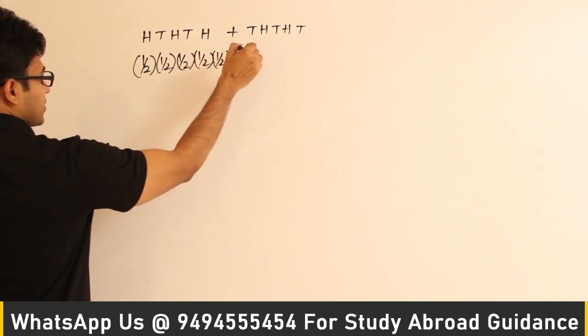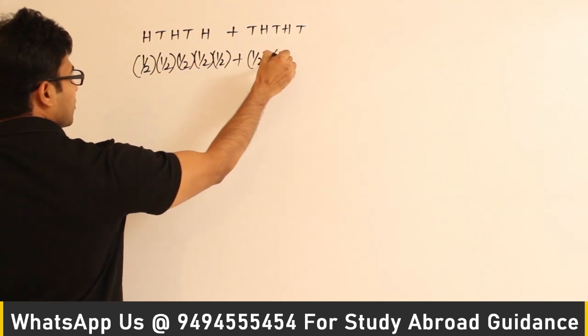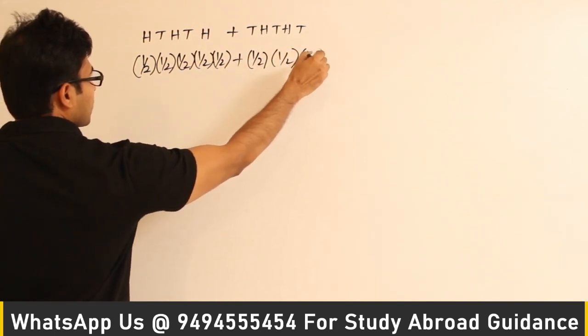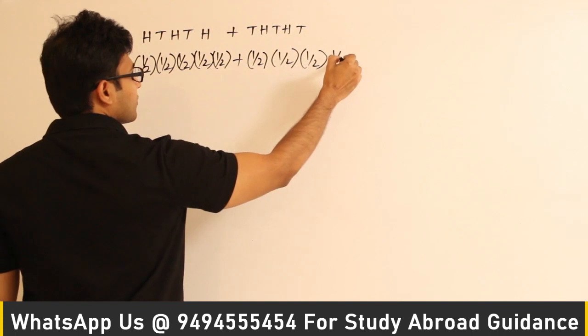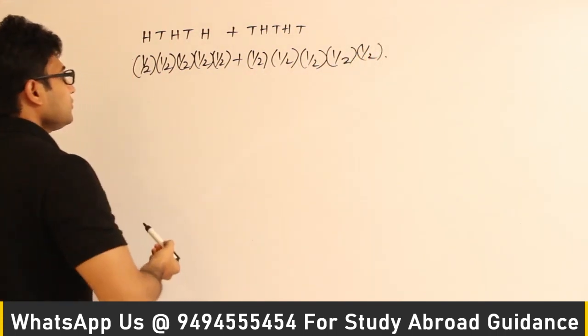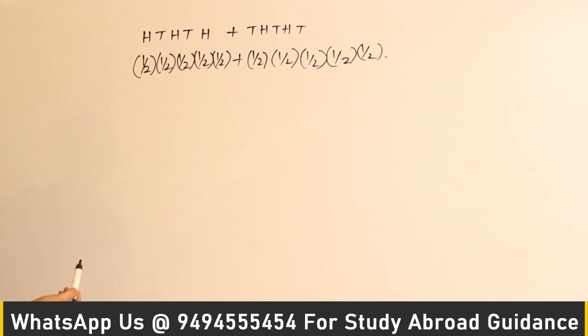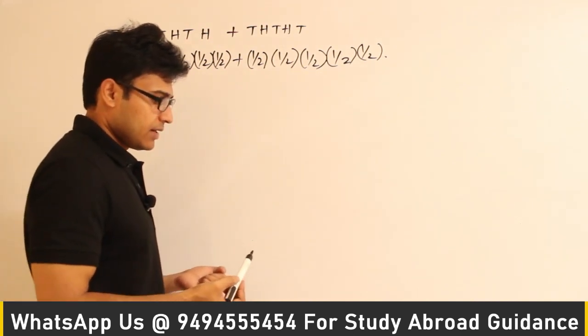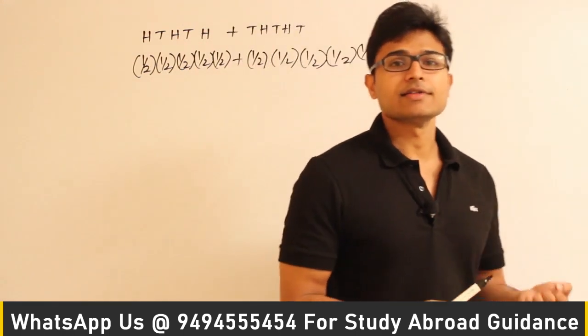Got it? Plus again the same: tail is 1 by 2, head is 1 by 2, tail is 1 by 2, head is 1 by 2, tail is 1 by 2. Got it? So this is how we can do it. What is the main principle that I used here? Again, the independent events model.